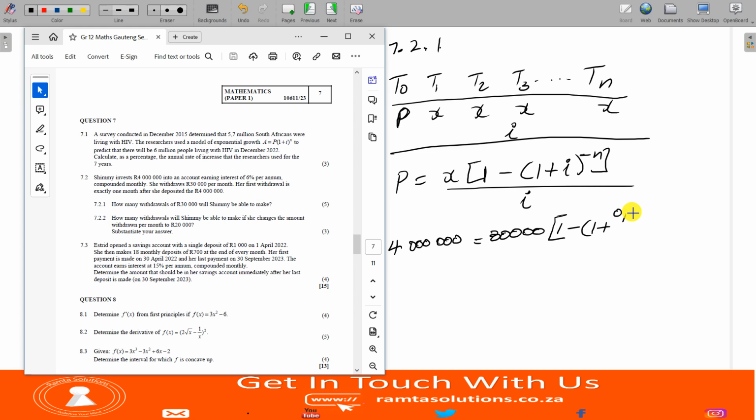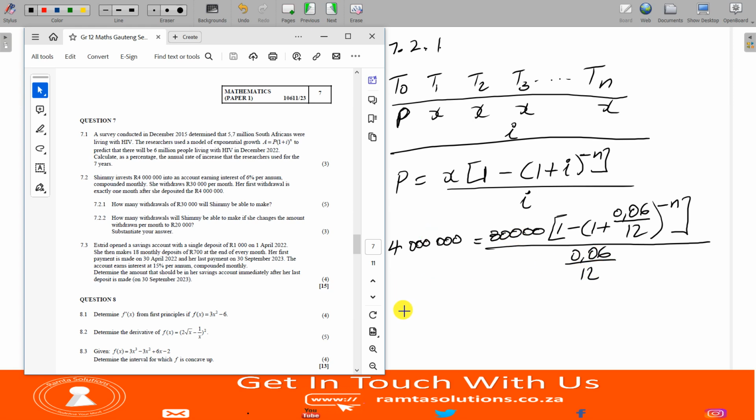The interest was 6%, so it's 0.06, compounded monthly, to the power negative n, all over 0.06 over 12. To those that sometimes struggle with this, I'm dividing everything throughout by 30,000 over 0.06 over 12.